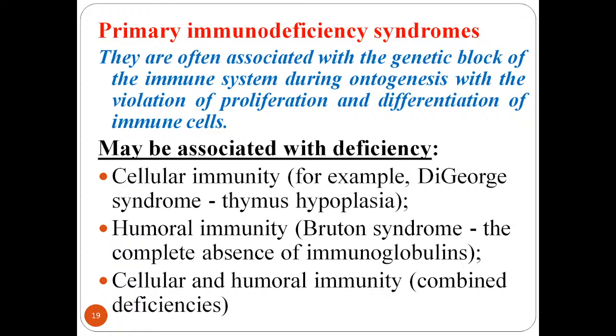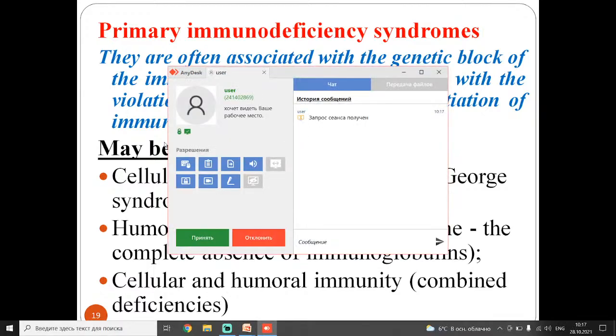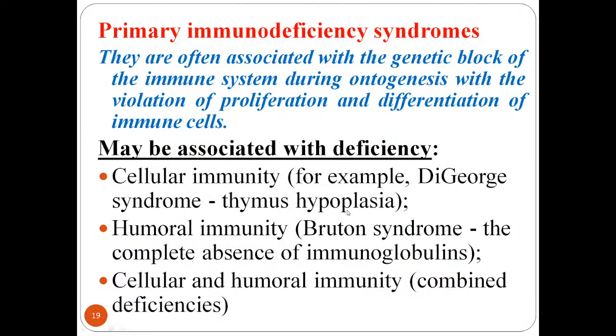Primary immunodeficiency syndromes are associated with the genetic block of the immune system during ontogenesis.